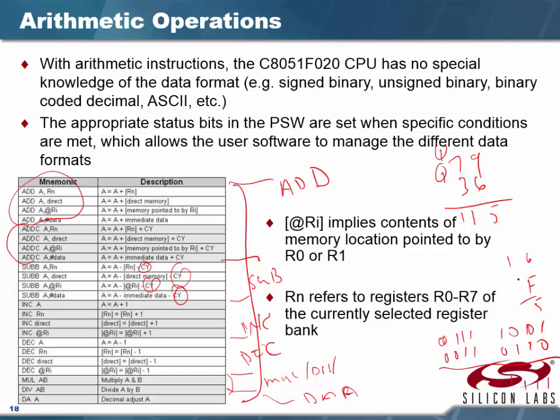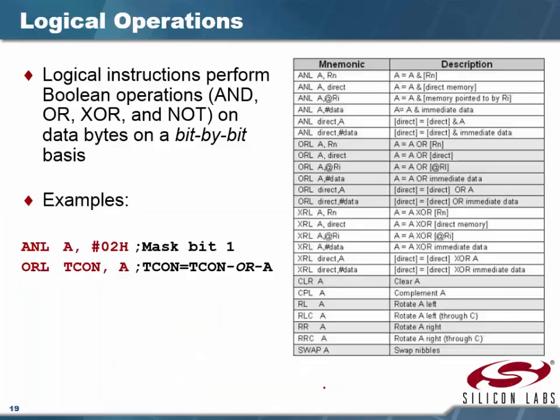Then we add that to the other digit, and we get 1110 11, which is not a valid number, so I have to add another 6 to get my 1 here, with the carry out. So this does the adjustment for the fact that we're using binary coded decimal. These are all arithmetic commands.